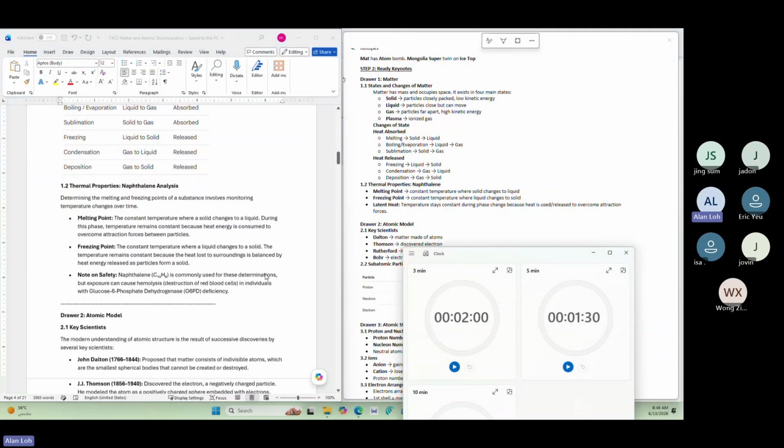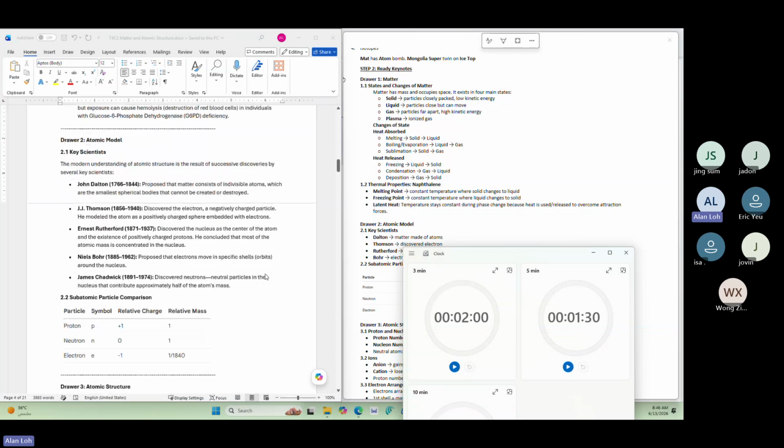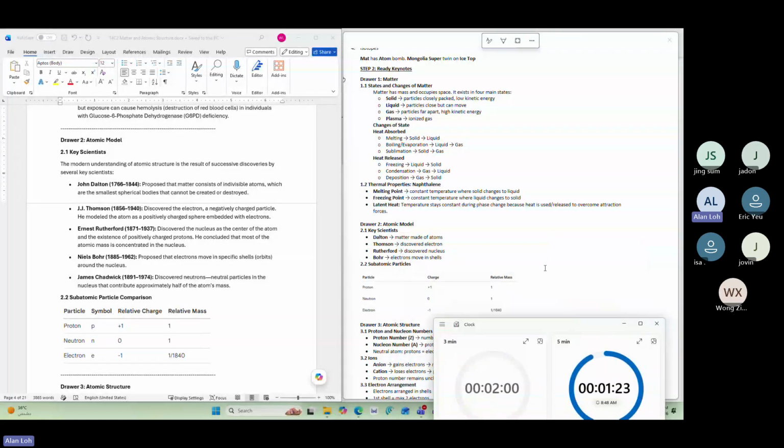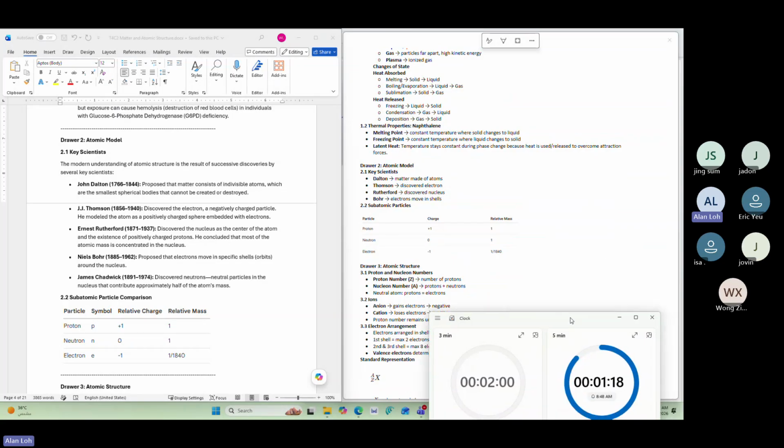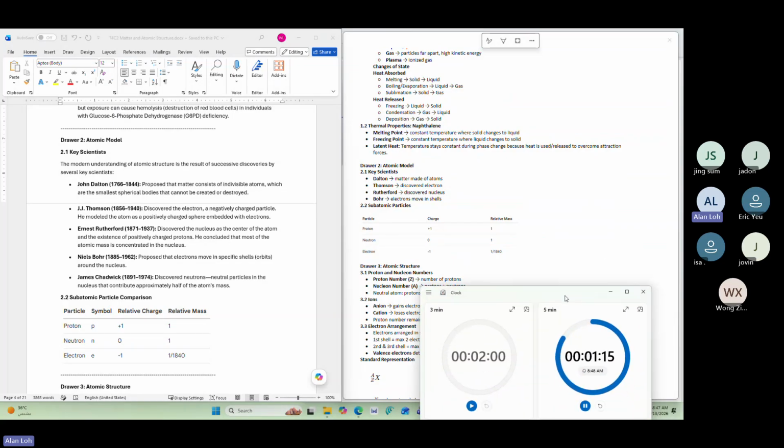Drawer 2 is quite simple. We'll do 1.5 minutes. Let's start now. If you worry about memorizing the names, don't worry.